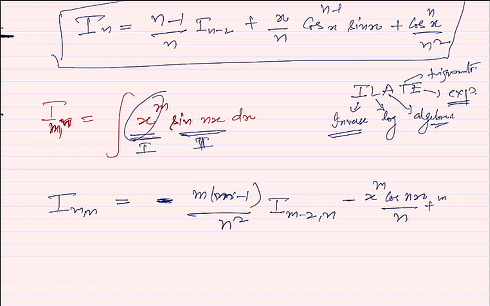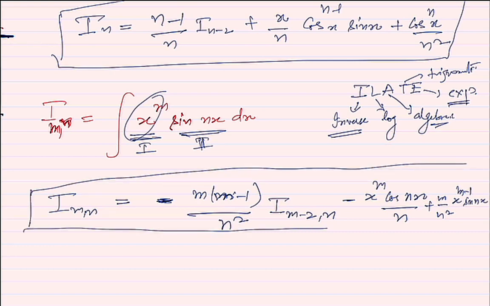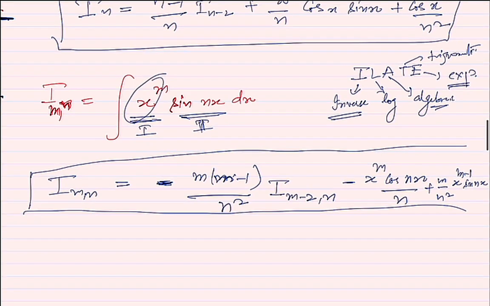So that is the reduction formula for x raised to power m sin nx.